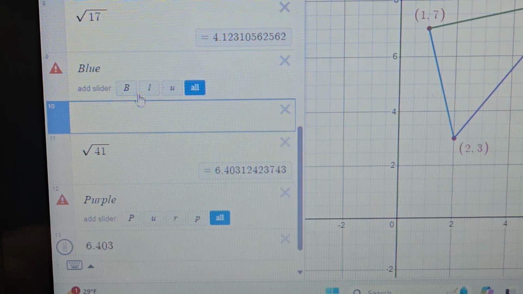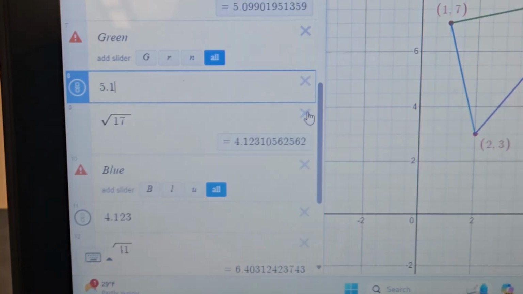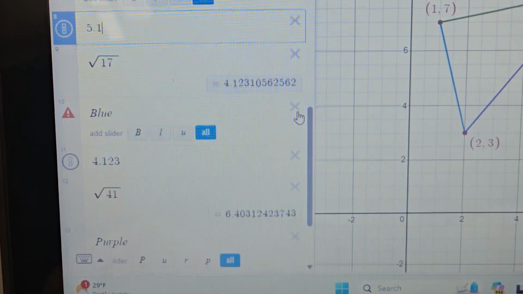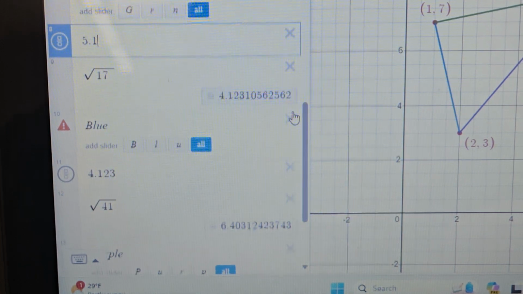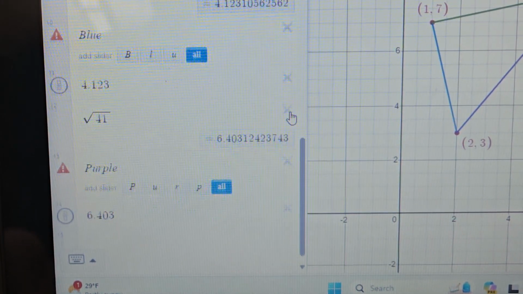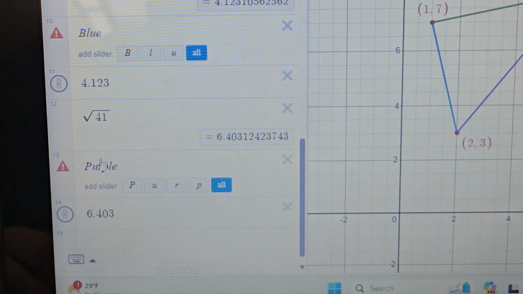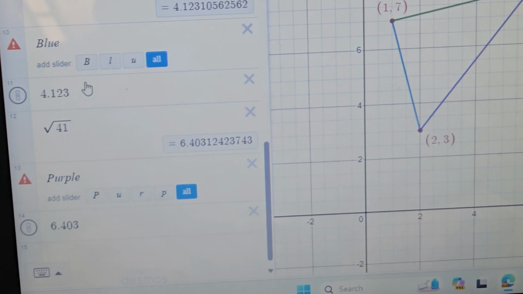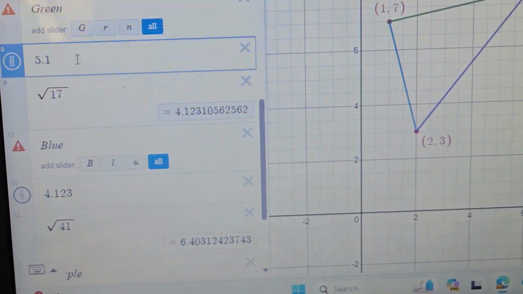And here are the simplified versions. Again, they're below the color: purple line, blue line, and green line.